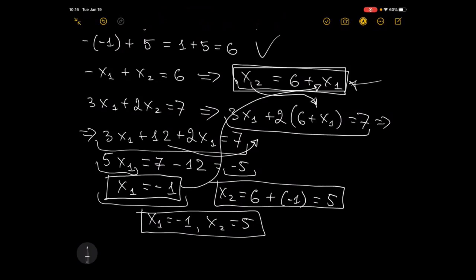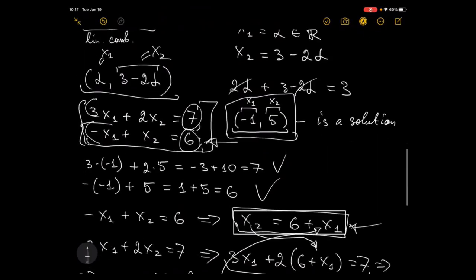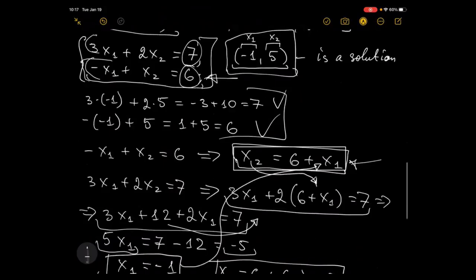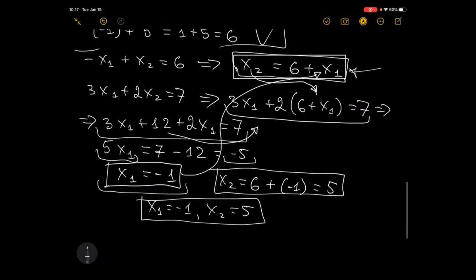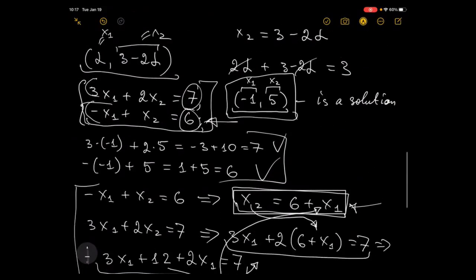Professor, can I ask a question, please? Sure, go ahead. So was that two ways to check if it's a solution, or was that whole process checking it was a solution? No, to check that this is a solution, it was only that. Okay, so this process is the process of finding the solution.